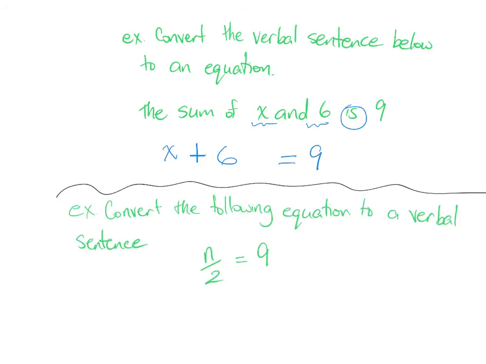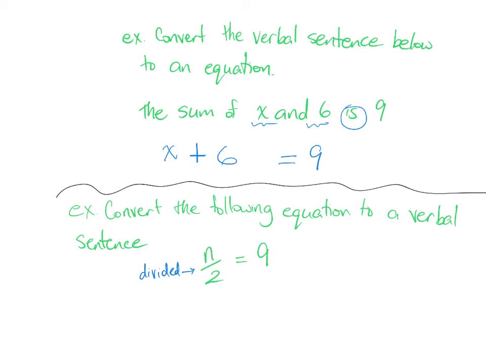Okay, so now we're going the other direction. We have an equation and we want to write this down in words. What is this in words? You may recall that when you have a fraction here, it means divided by. And when you're dividing, you could also use the word quotient. So I could say the quotient of n and 2, or I could say n divided by 2. It's my choice.